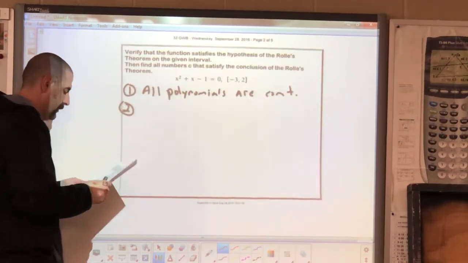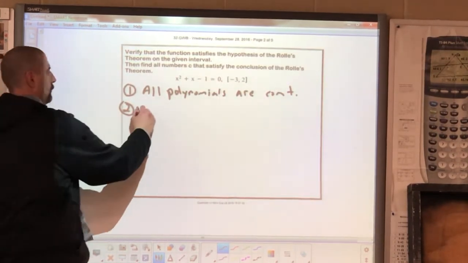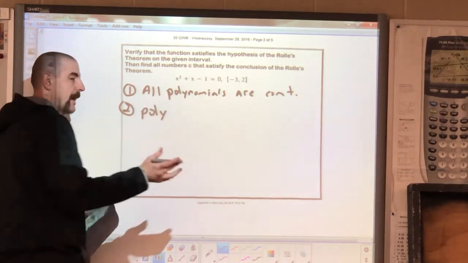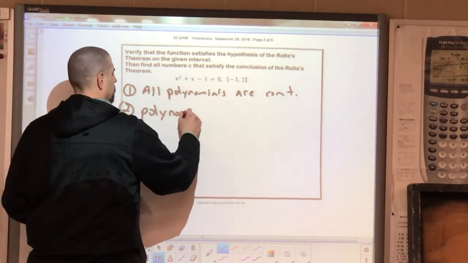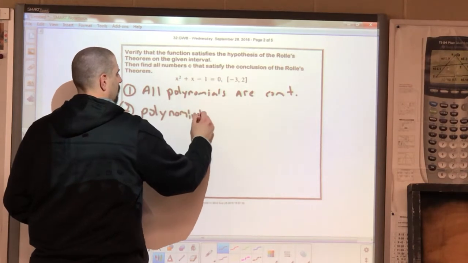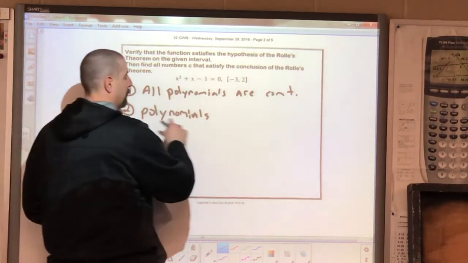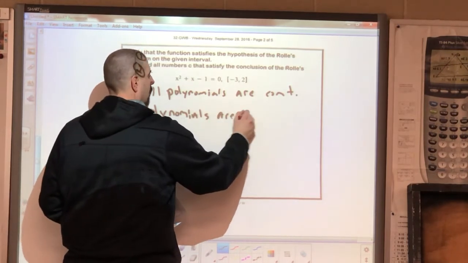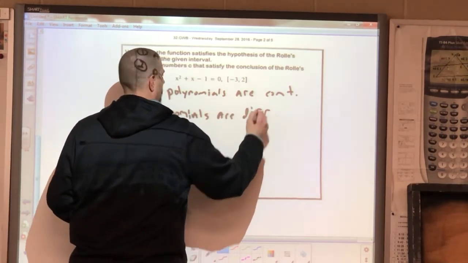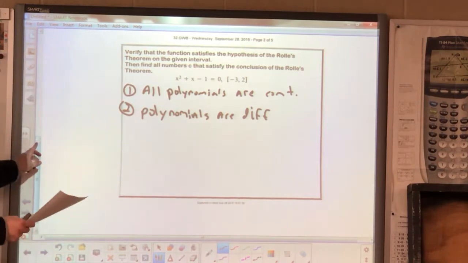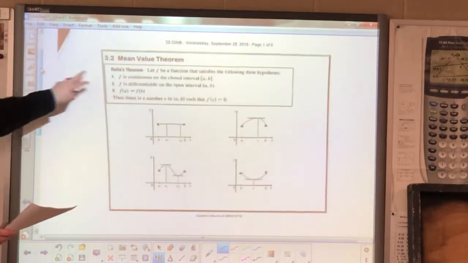That means, can you take the derivative? Well, we know from Chapter 2 that polynomials have no cusps, no corners, no infinite slopes, so polynomials are differentiable. So we fulfilled 2 of the 3 things.